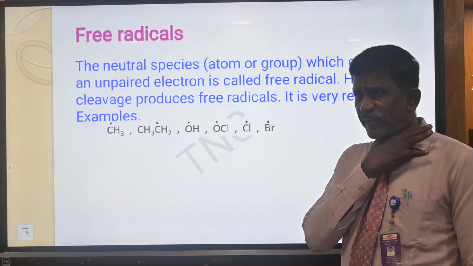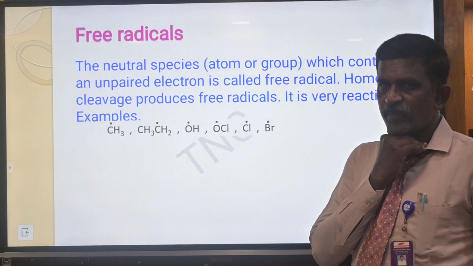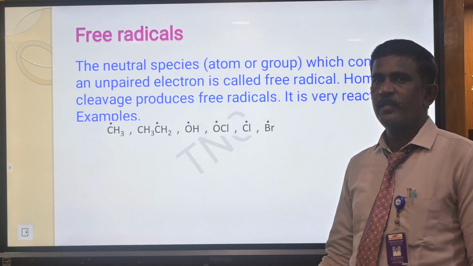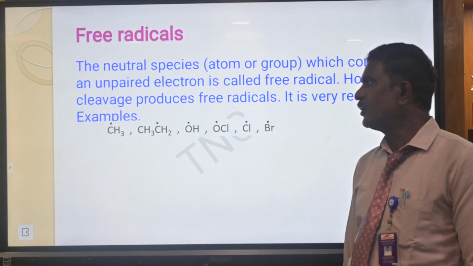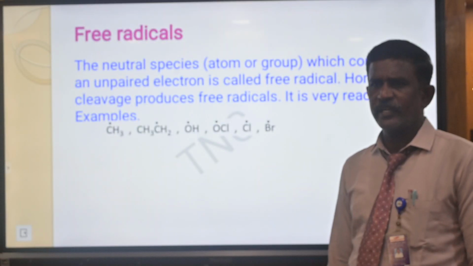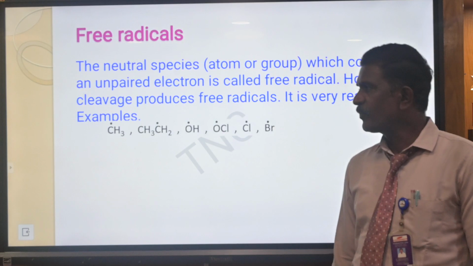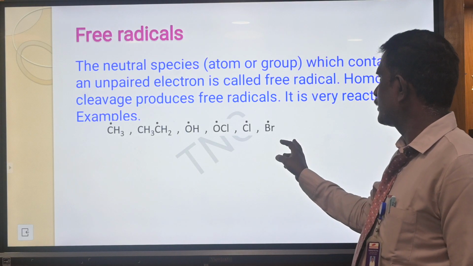They are formed by the homolytic breaking of a covalent bond. When the bond is homolytically broken, two free radicals are generated, and that kind of homolytic cleavage is possible in the presence of sunlight.